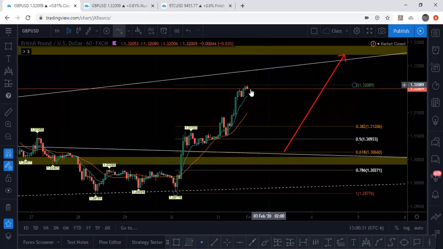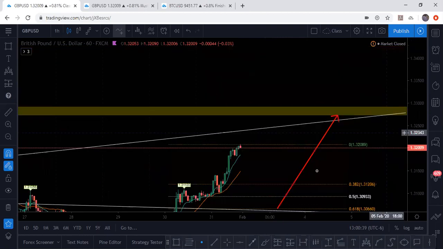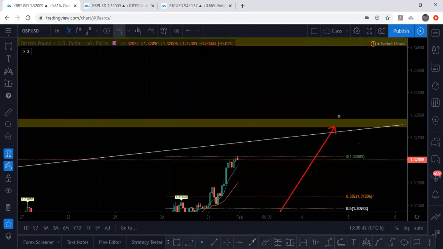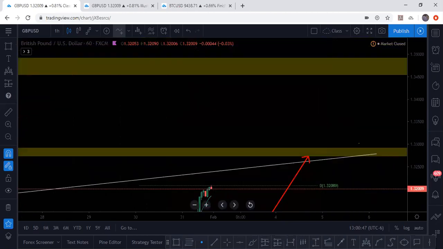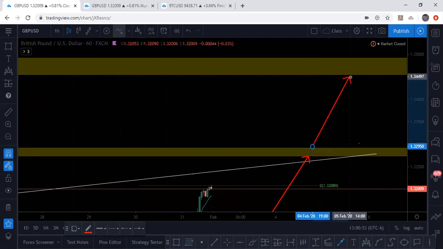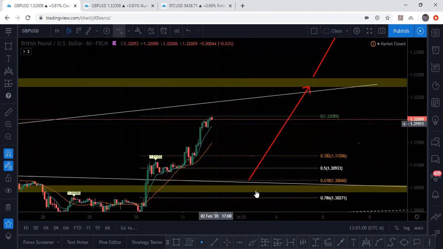So I'll be waiting for it to come down here, or I'll wait for it to break here, and then I'll ride up to here.